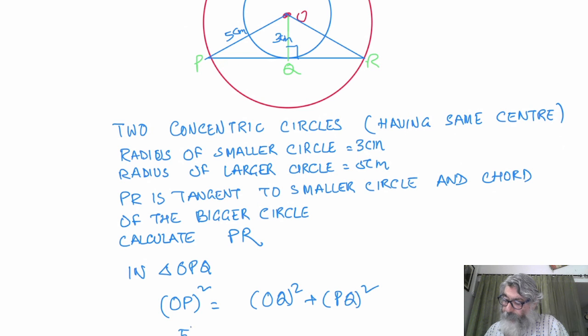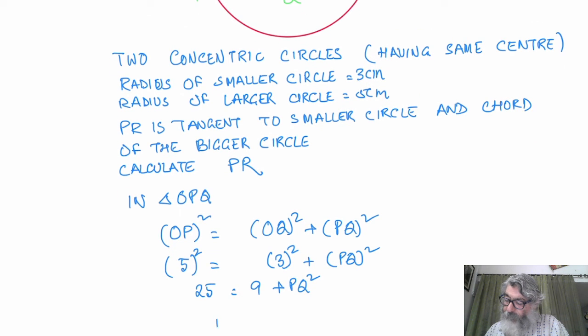OP is 5, 5 square, OQ is 3 square plus PQ square. Or 25 is equal to 9 plus PQ square. PQ square will come out to be 25 minus 9, 16. So PQ will be 4, the square root is always plus.